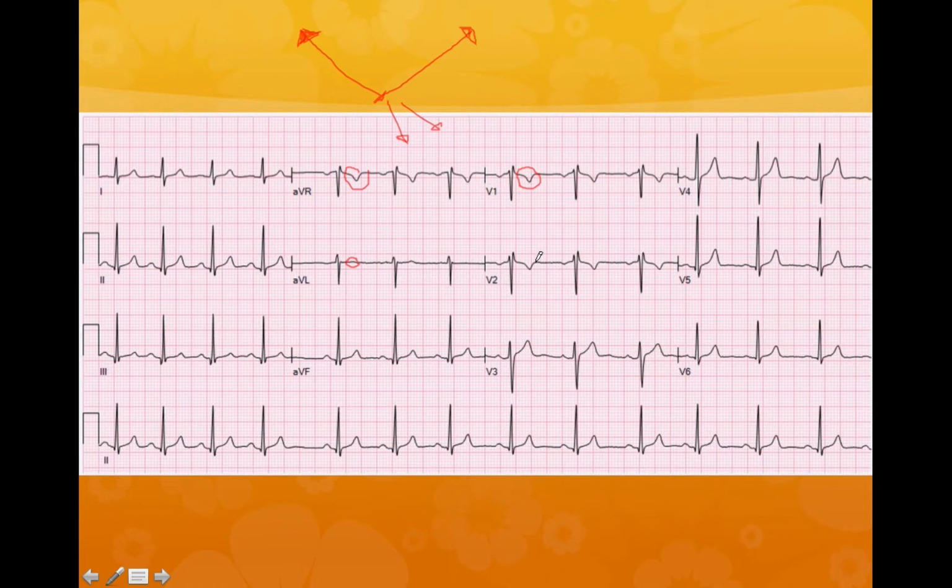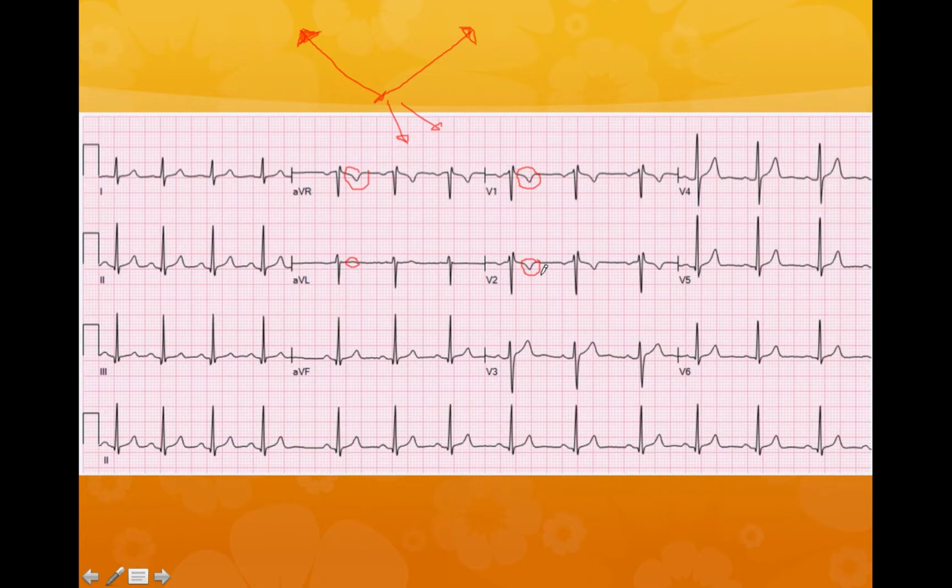Lead V2, we can get T-wave inversion. It's not as common as V1 T-wave inversion, but it's something that you'll see. It's something quite common. Sometimes it might just be because of incorrect lead placement when taking the ECG, but otherwise it might just be a normal variant.